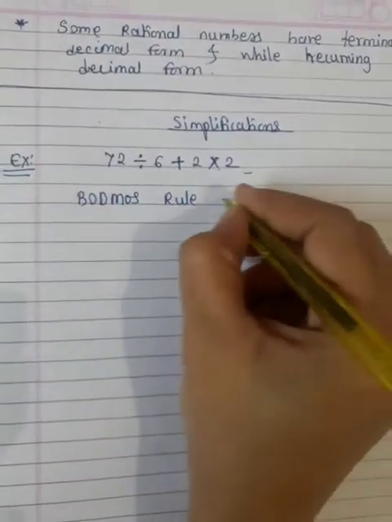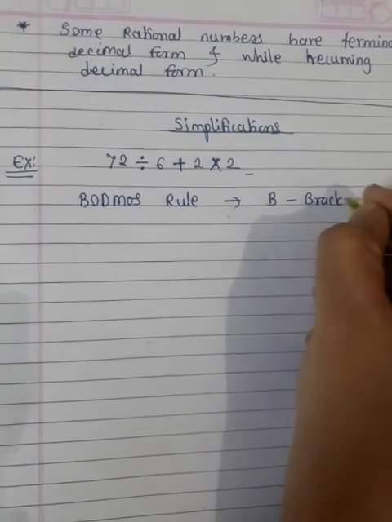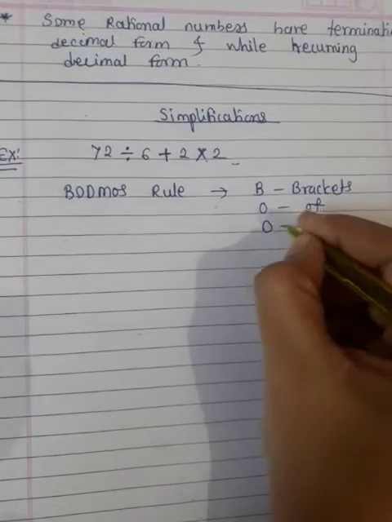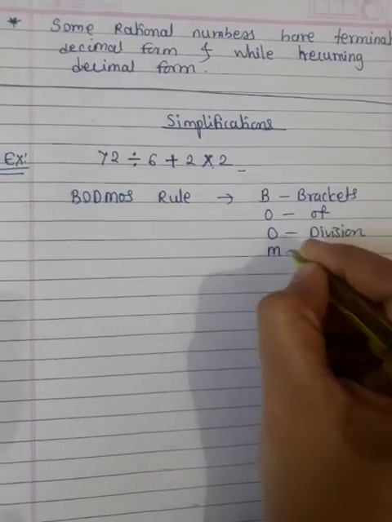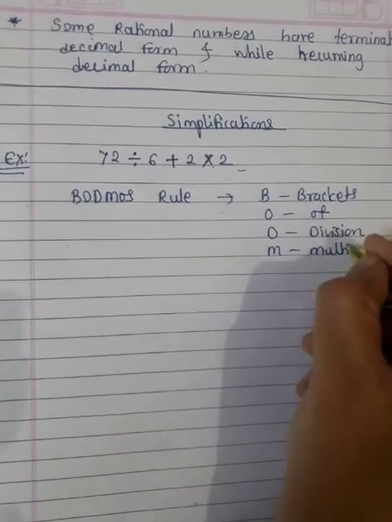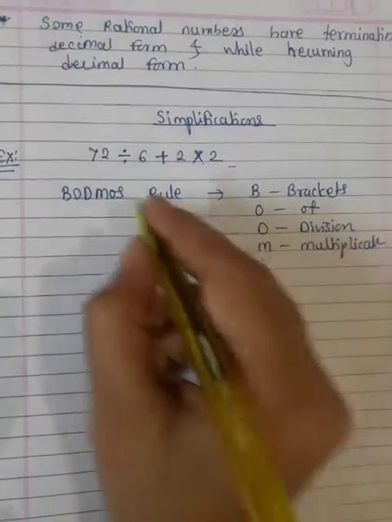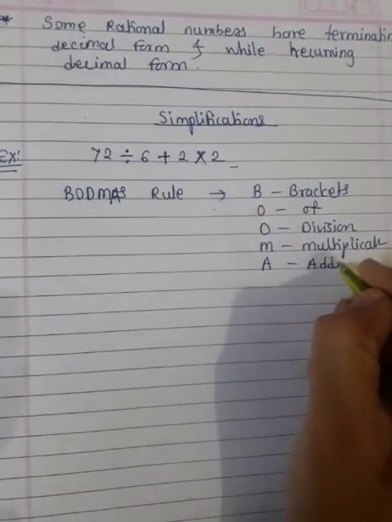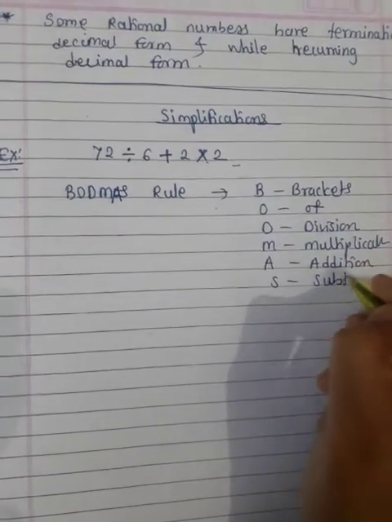So what is the BODMAS rule? B stands for brackets, O stands for of, D stands for division, M stands for multiplication, A stands for addition and S stands for subtraction.